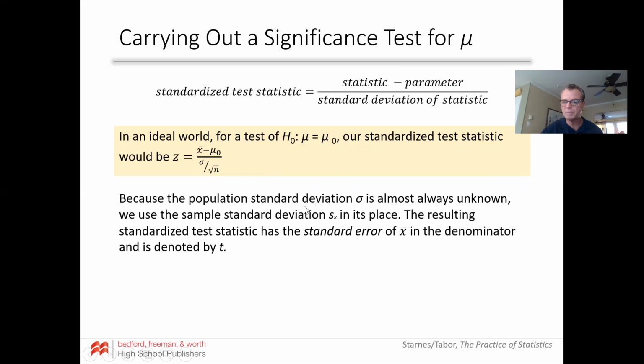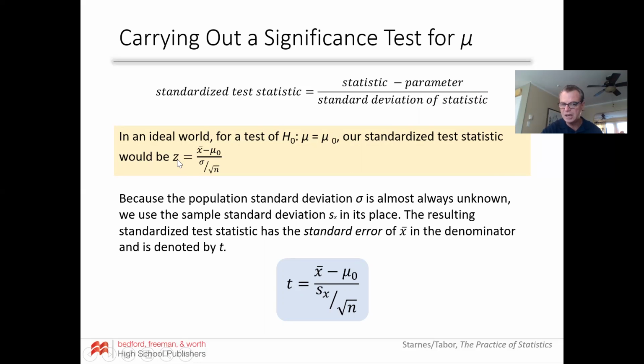Because the population standard deviation is almost always unknown, we use the sample standard deviation. Contrast these two formulas. The difference is instead of sigma, you have the sample standard deviation. Instead of the parameter, you have the statistic.